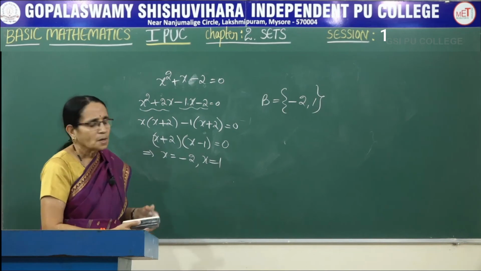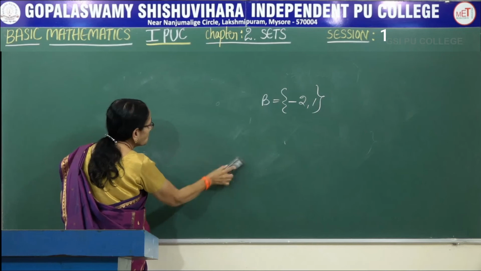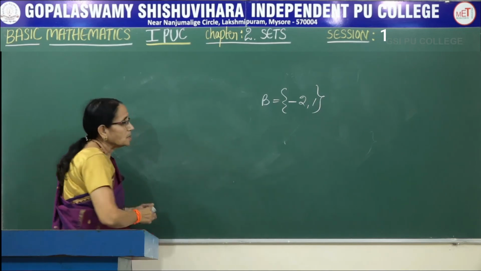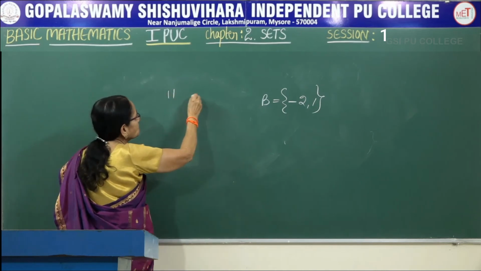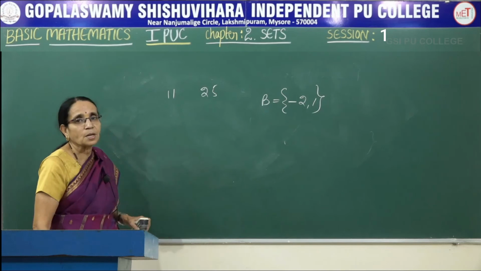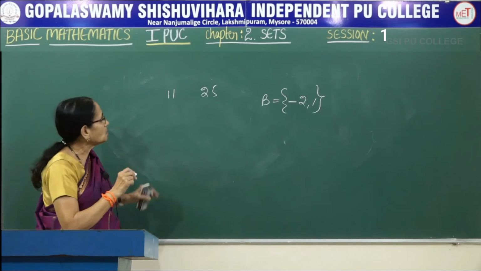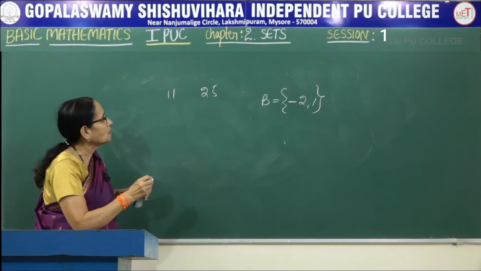Now, one more example I am giving. I am asking you to write the set of even numbers between 11 and 25. You observe both 11 and 25 are odd numbers. Now the elements lying between, the even integers lying between 11 and 25.